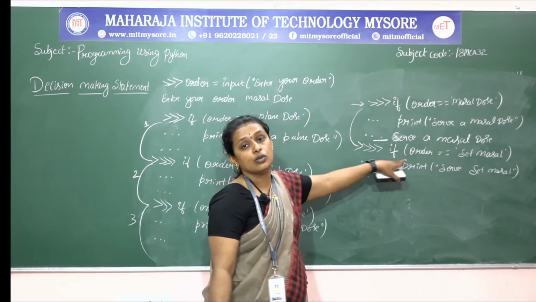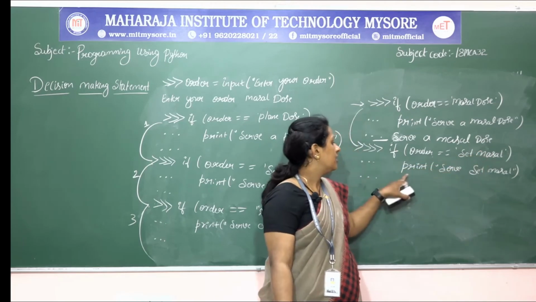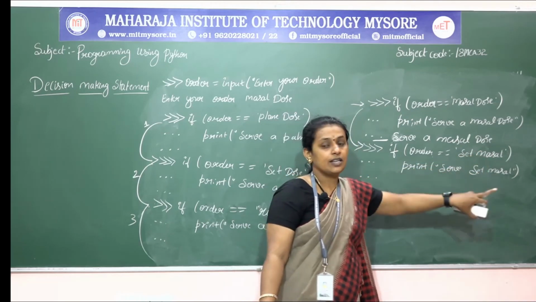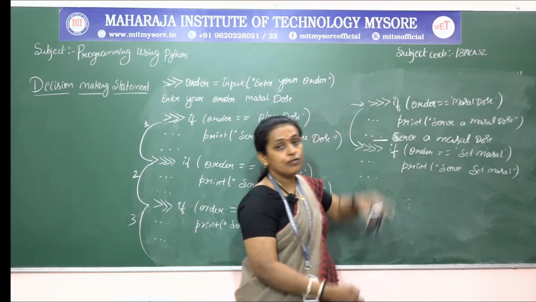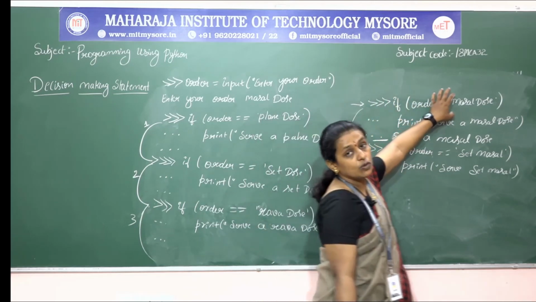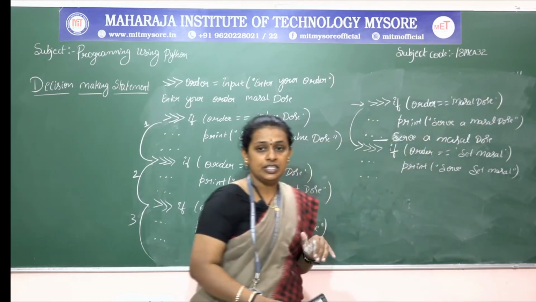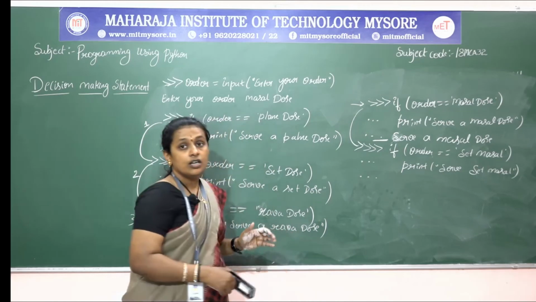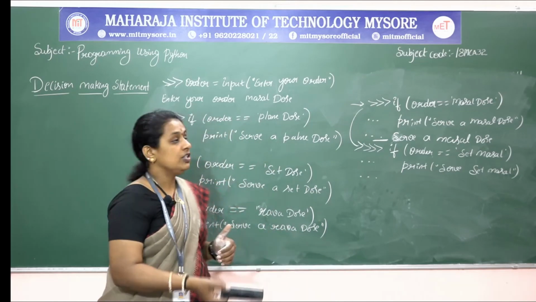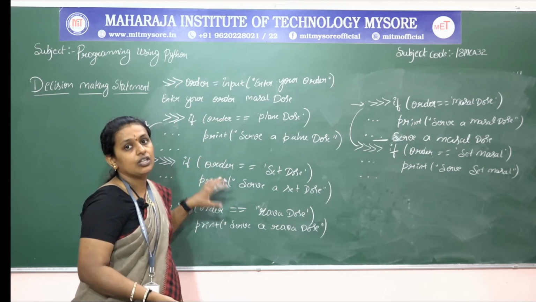After that, once again it is going to check if order equal to set masala, then print serve set masala. But when this block of code is executed, if order equal to masala dosa, then it is going to print it immediately. So this is how for each and every if condition it checks whether this condition is satisfied or not.